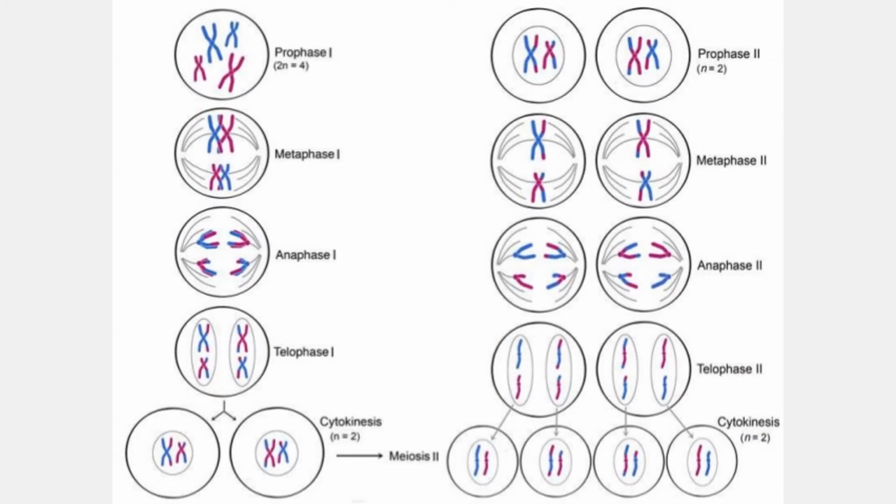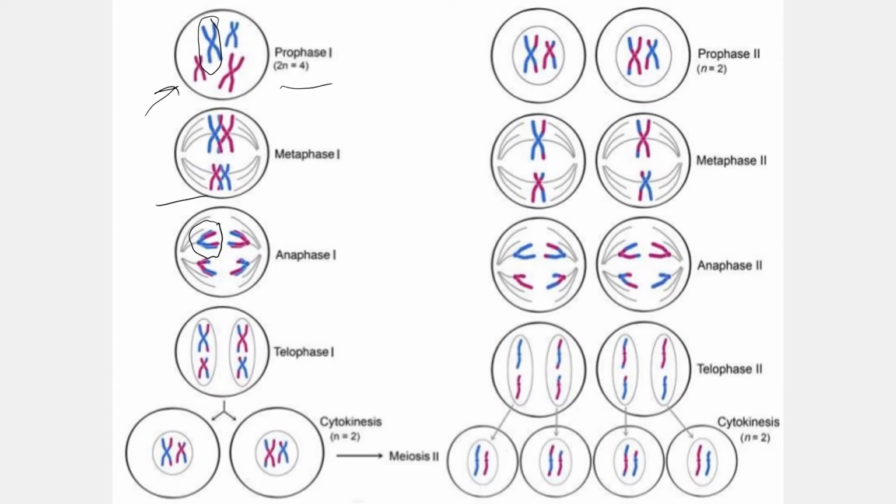Here's another image just to put it all together for you. So we start out in prophase. In metaphase, we're going to line up all of our tetrads. We end up having crossing over occur really during prophase, not during metaphase, but you can see that this blue chromosome is no longer completely blue as it was in the beginning. We've kind of switched genetic information over, and we'll go over that in a few slides.